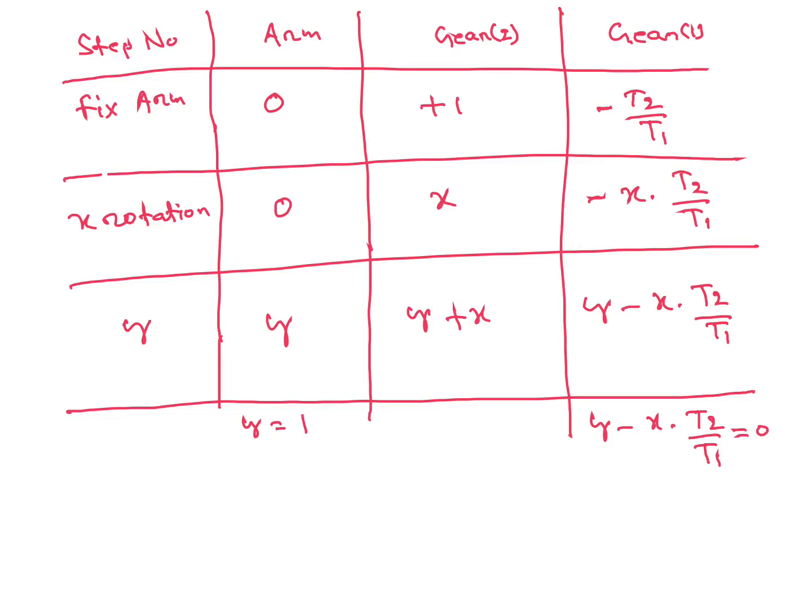So here if we put the values, 1 minus X into T2 is 50 by T1 is 200, so 1 equal to X into 50 by 200, or X equal to 4.